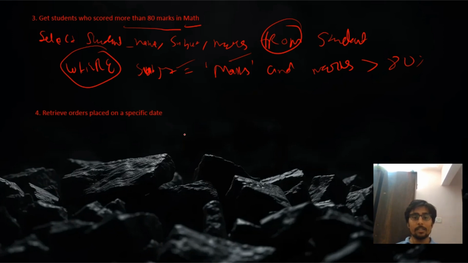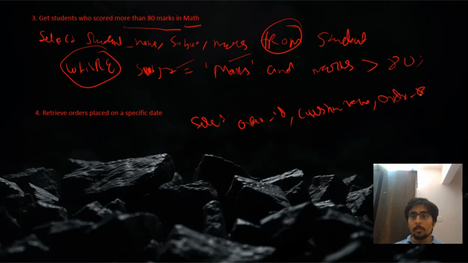So how will we do that? Let's understand with a small example. Select, let's say we have some order ID, every order will have some ID, right? Order ID, and what can we take, customer name, order date, from table name orders, where clause, where date is, we'll give order date, right?